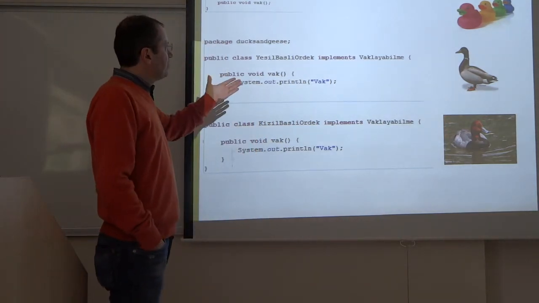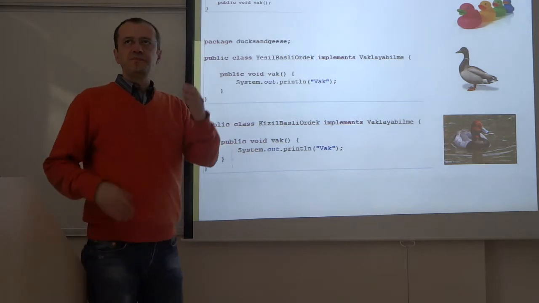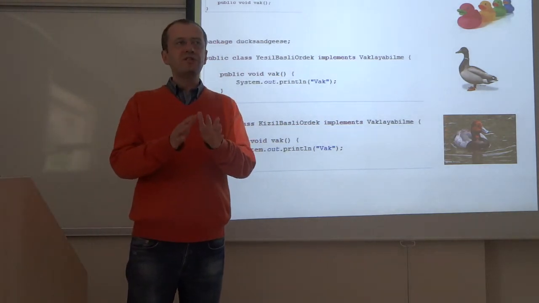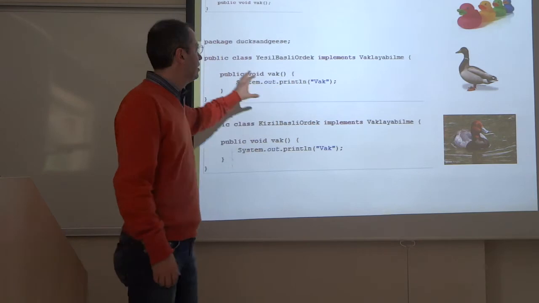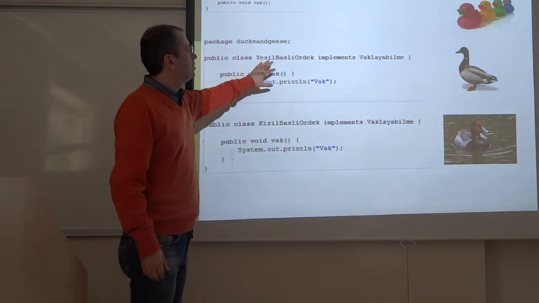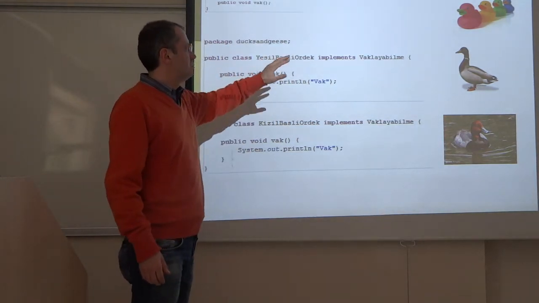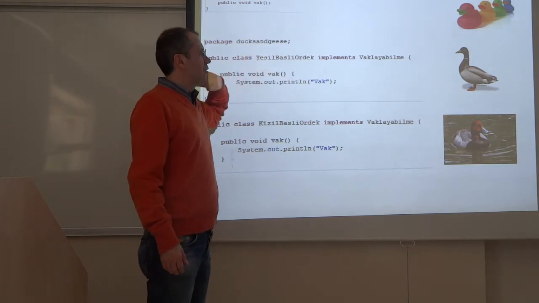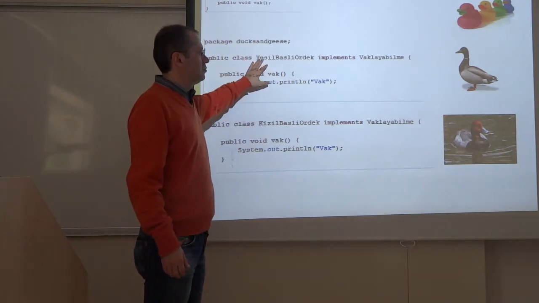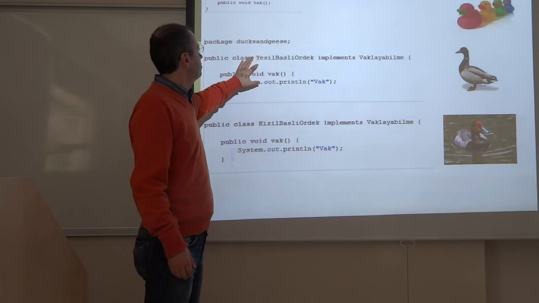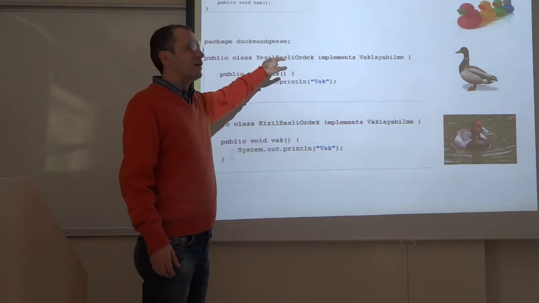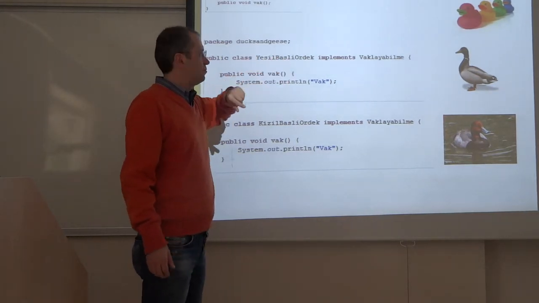So you remember that we started with the strategy design pattern, and we had different types of ducks: red-head duck, mallard duck, and this is called green hat, yeşil başlı ördek.